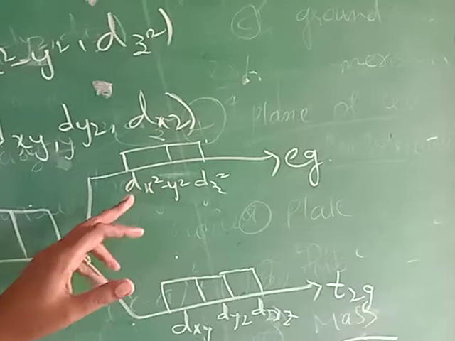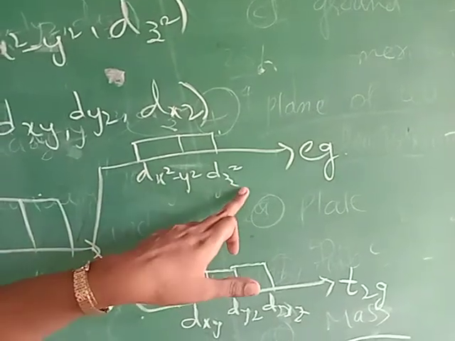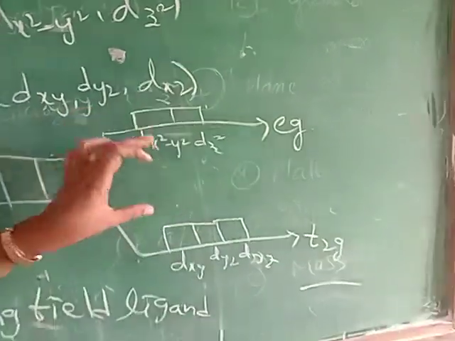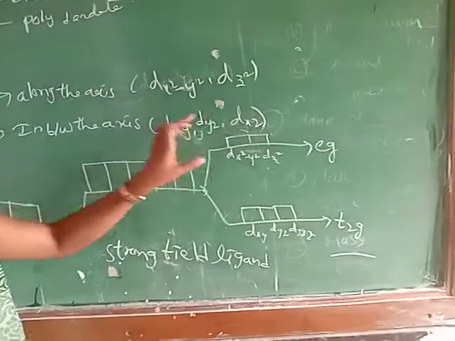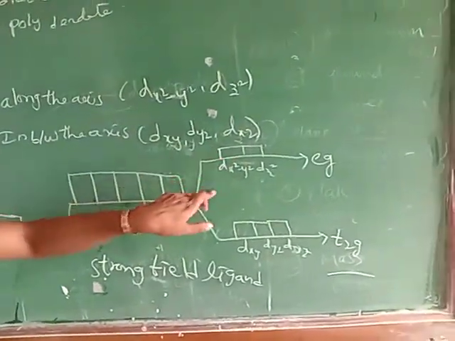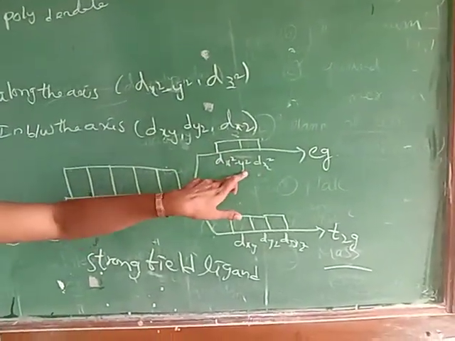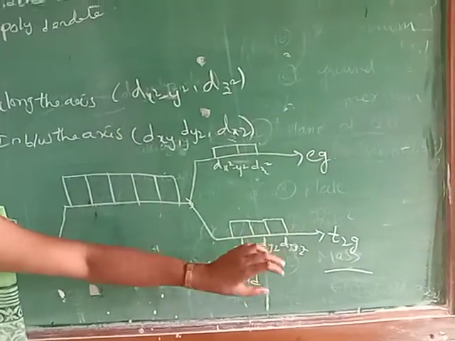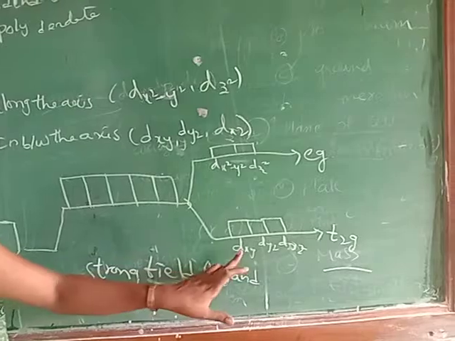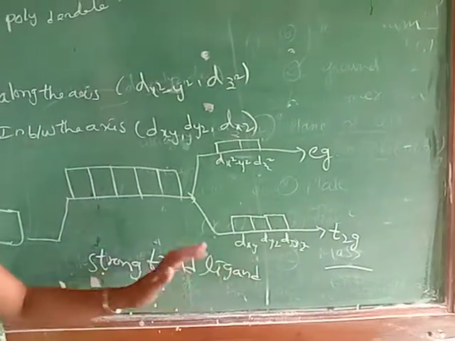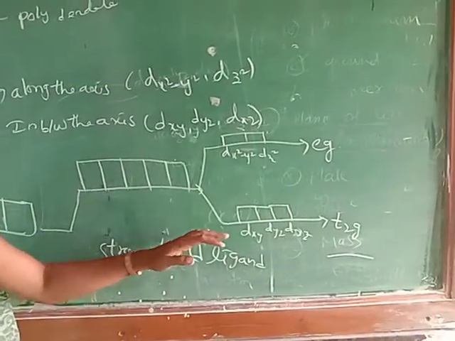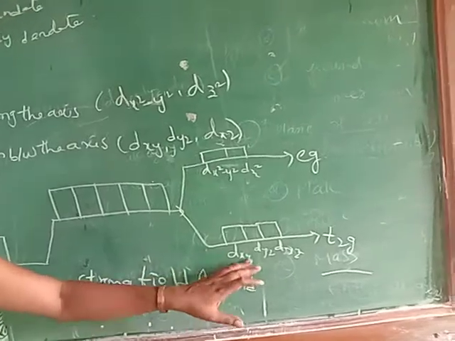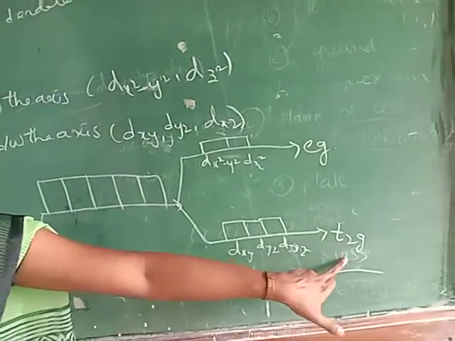The two orbitals dx square minus y square and dz square show high repulsions and go to the high energy level because the ligand is approaching along the axis. And dxy, dyz, dxz are at the lower energy level. The three orbitals are present in between the axis, that's why they show low repulsions, so they go to T2g, the lower energy level.